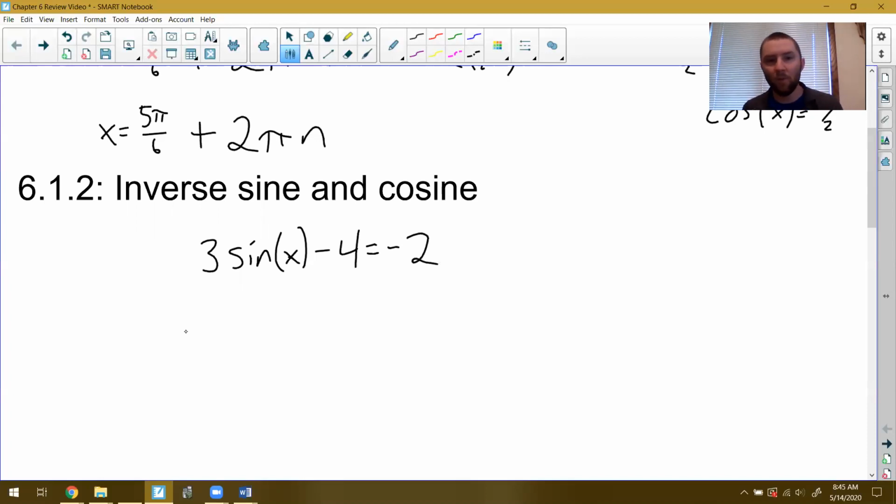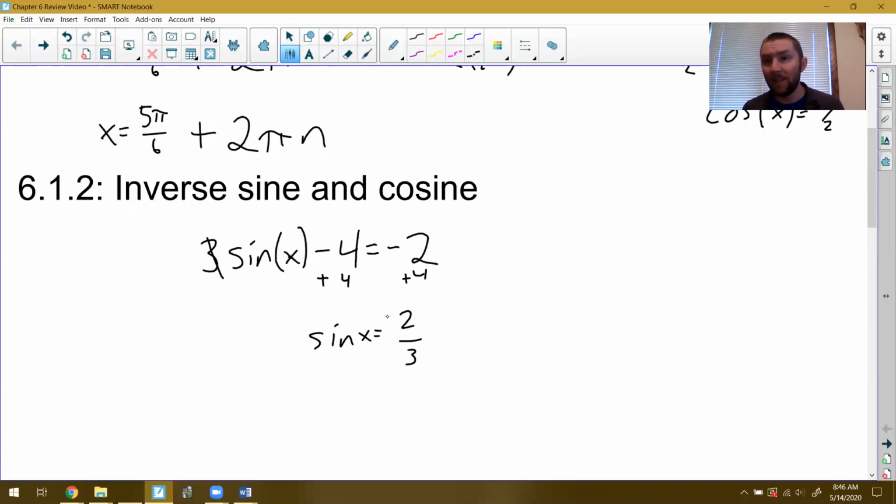Again, we can get the sine by itself: plus 4 makes positive 2, and then we divide by 3. So the sine of x here is equal to 2/3. 2/3 is not a value we have on our unit circle. No point on our unit circle has a sine of 2/3.